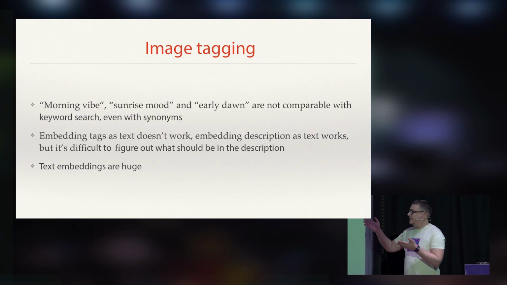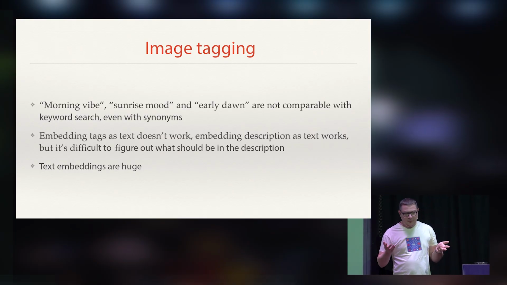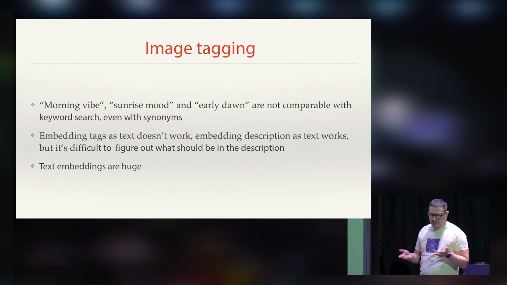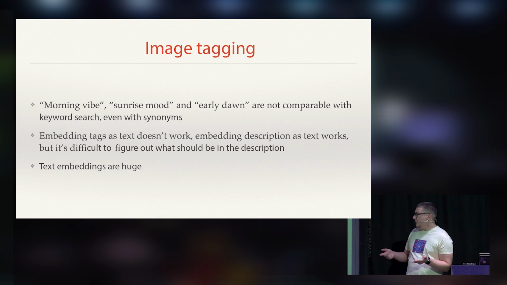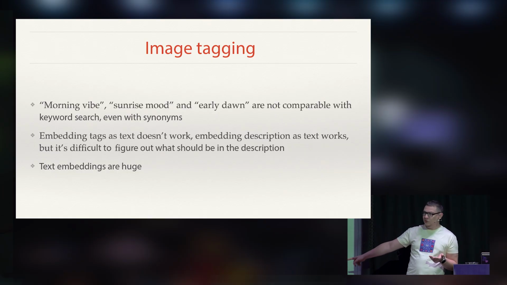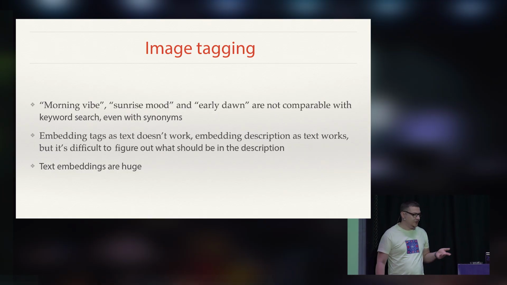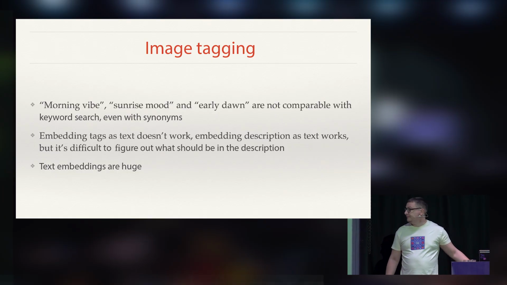If one types sunrise mood, they might not find the morning vibe, which is terrible. Even if we do synonyms, there is no guarantee that we'll get the right results. And embedding for those tags doesn't really work. Embedding for description kind of works, but it still doesn't describe the image itself. And not to mention text embeddings, they are huge. So you need a lot of space and a lot of CPU power to go through them.